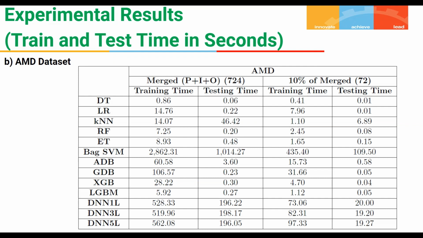For the AMD dataset, the highest training time reduction has been achieved for the K nearest neighbors with 92.18% reduction in training time from the merged features to the reduced features, while the least training time reduction is obtained by logistic regression with 46% reduction in training time.